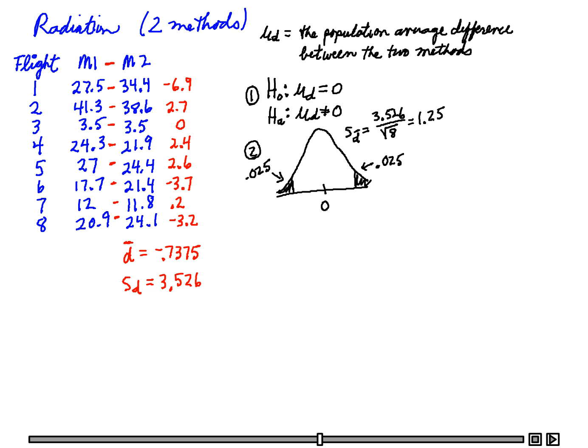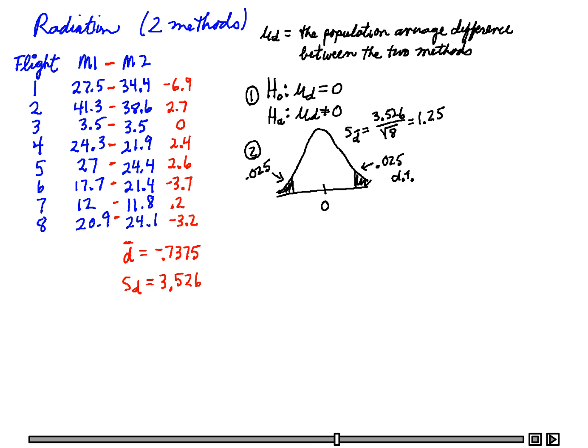This is going to be a t-distribution. First of all, I'm working with a sample standard deviation. I don't have the population standard deviation. And my sample size is also pretty small. If I go to the t-table, I will be looking up under column 0.05, and also my degrees of freedom. I'll need that for the row.